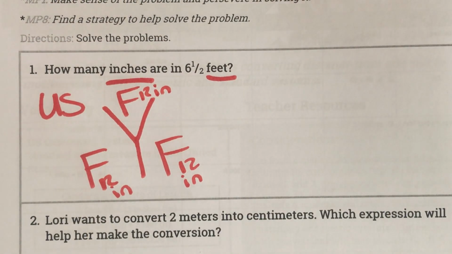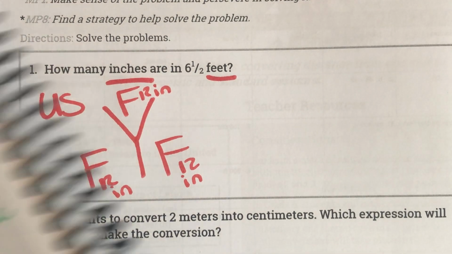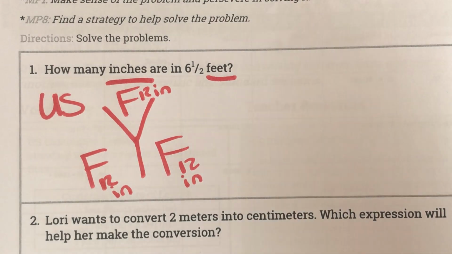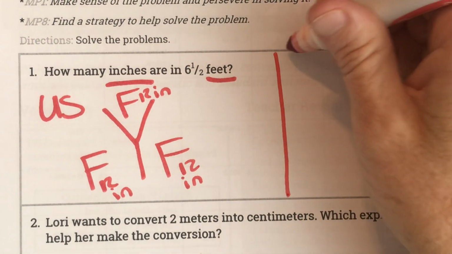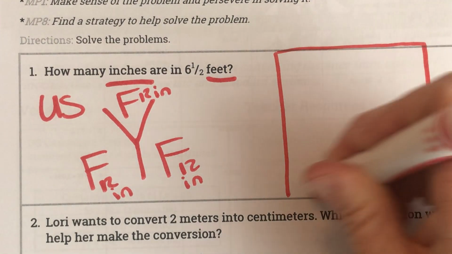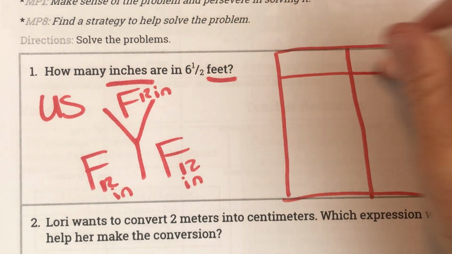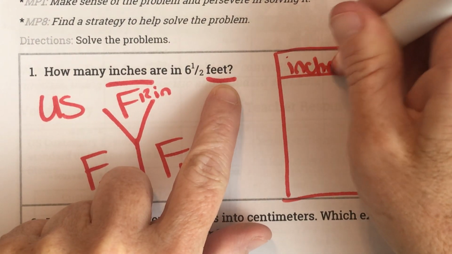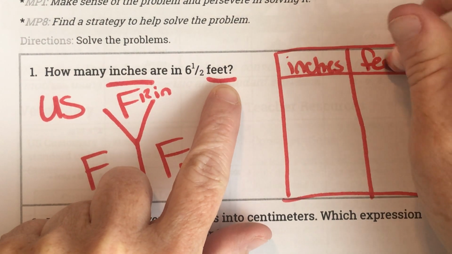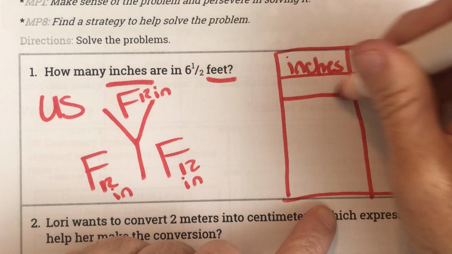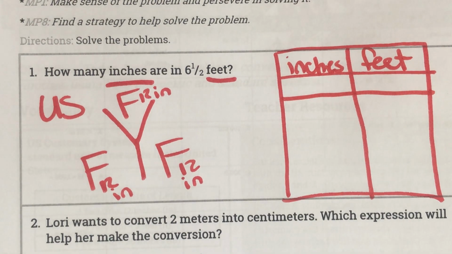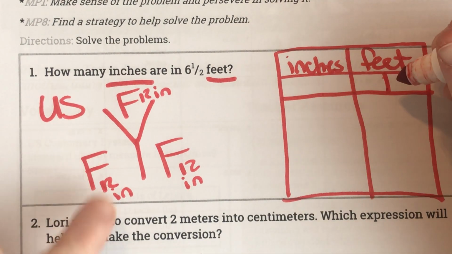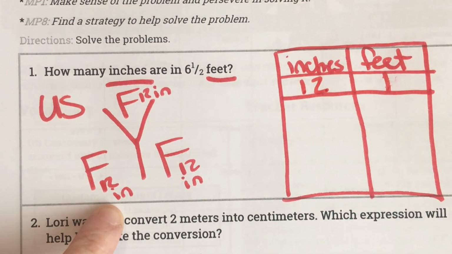My next step says create a conversion chart if it's US. The two measurements in this problem are inches and feet, so that's the title of my conversion chart. What do I know about inches and feet? 1 foot has 12 inches in it.